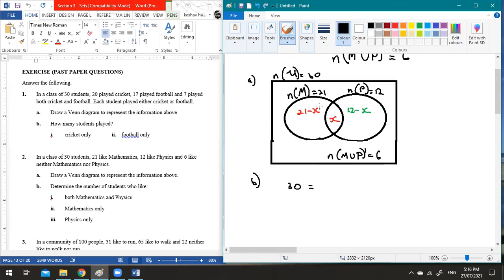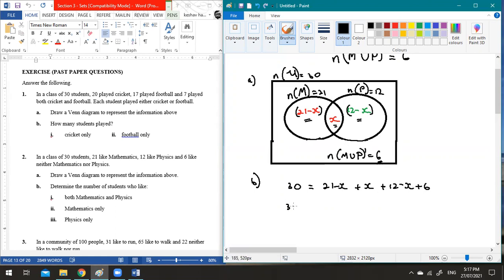Now, let's put this in brackets. This represents one number, this represents one number, X will represent a number, and 6 represents the students outside. Now, if we add this, this, this, and this, we should get 30 students. So let's do it. 21 minus X, add 12 minus X, add 6.